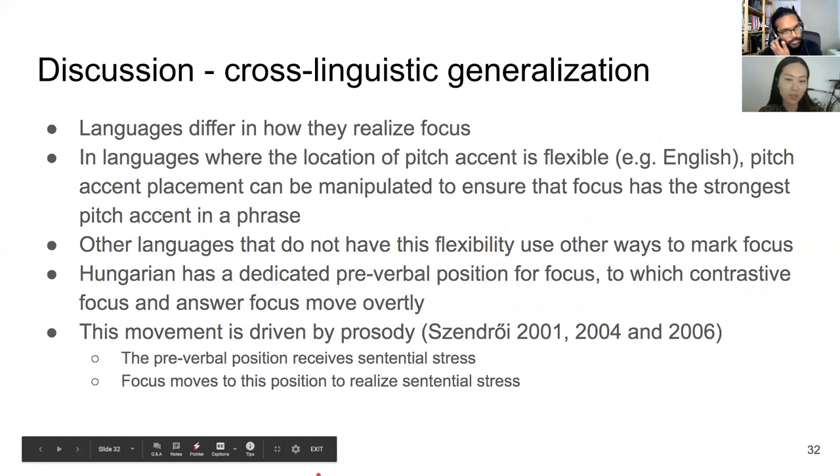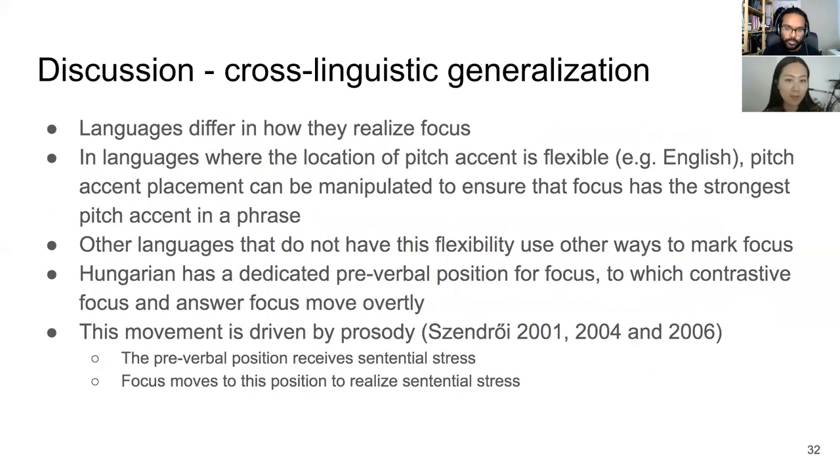Again, back to the cross-linguistic generalization we brought up at the beginning. Languages differ in how they realize focus. In languages where, say, pitch accent placement is flexible, like in English, they can manipulate pitch accent placement to make sure focus has the strongest pitch accent. But for languages that don't have this flexibility, they use other ways to mark focus.